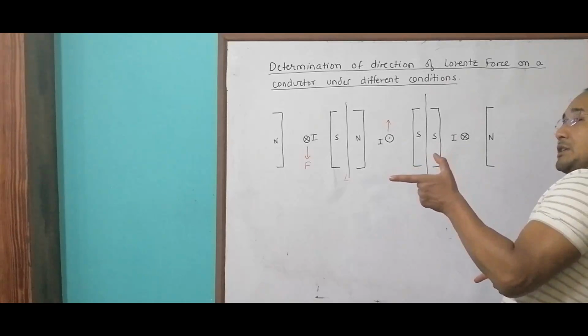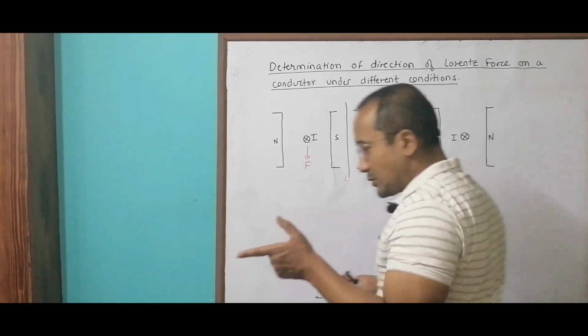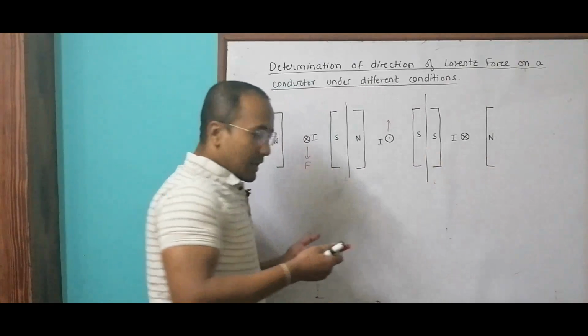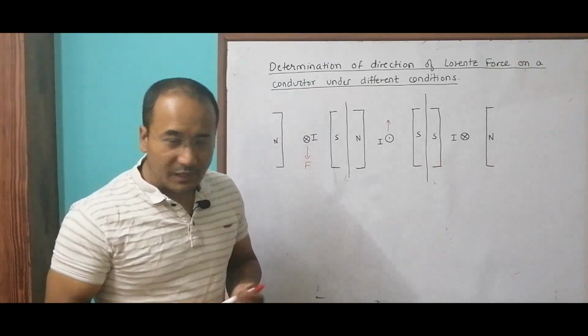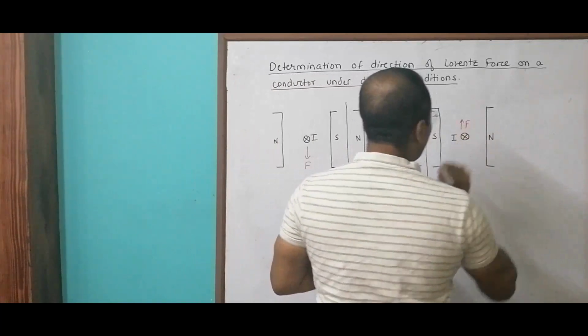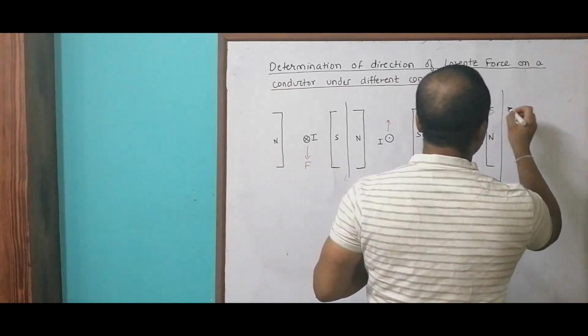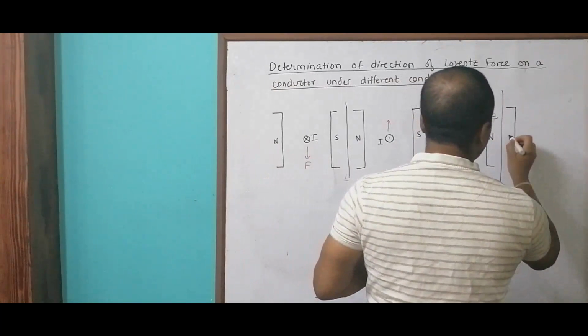So in both cases the force is upward, because only my body is twisted, whereas I was doing the same thing. That's why the force is upward here. This is the force.